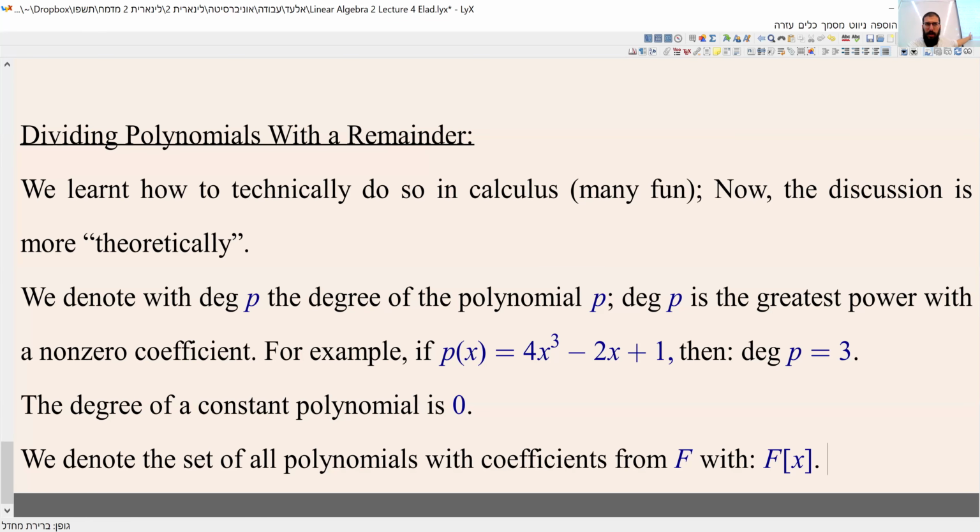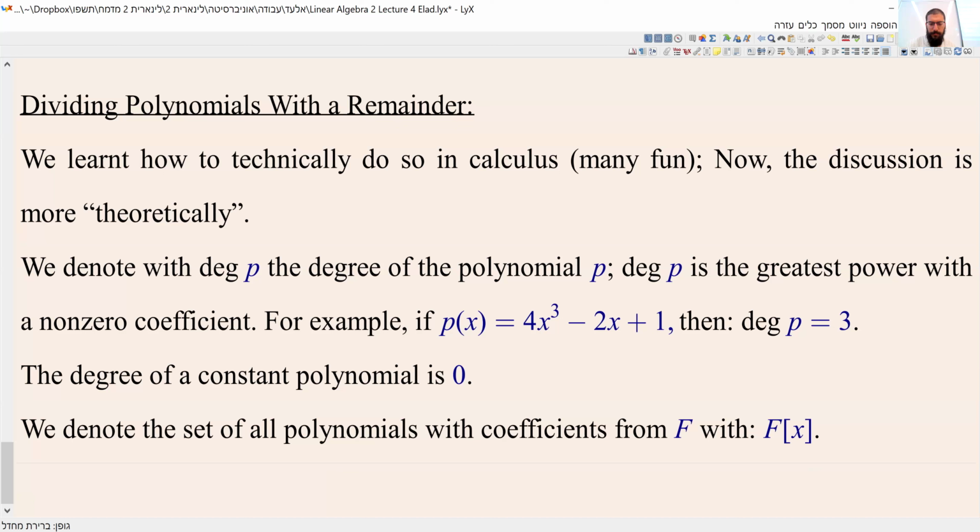In linear algebra 1, we mainly discuss polynomials with degree smaller or equal to some n. That's a nice vector space with a finite basis. But I do believe that Erez mentioned the set of all polynomials. It is a vector space over F, just not finitely generated, since the basis is infinite. But for now it's just the set.